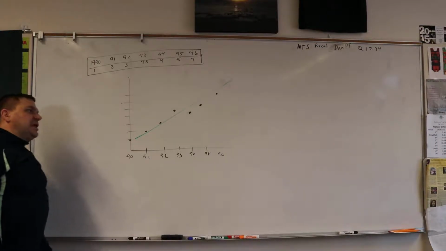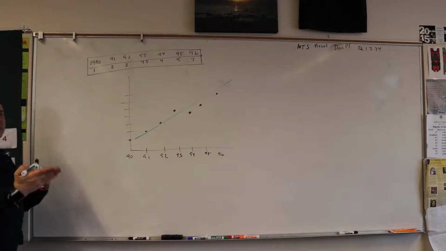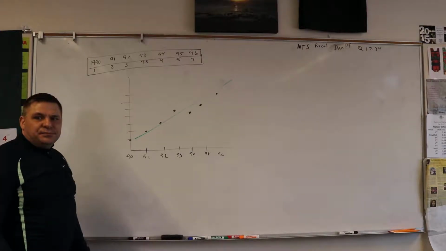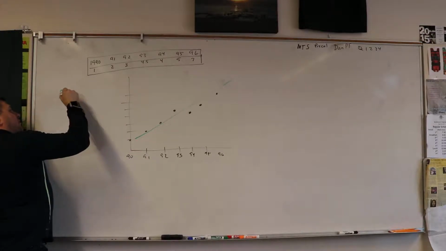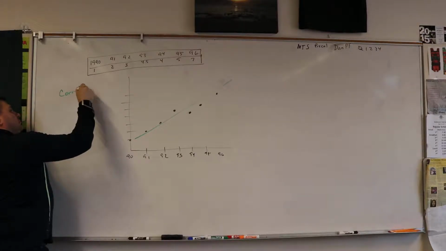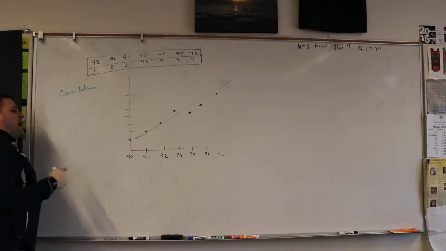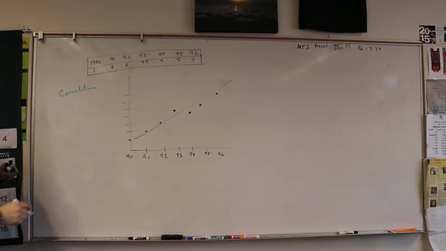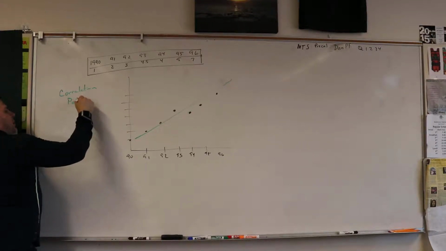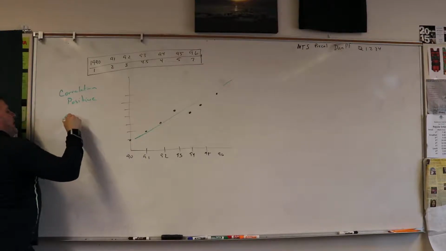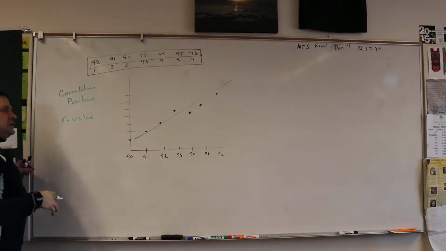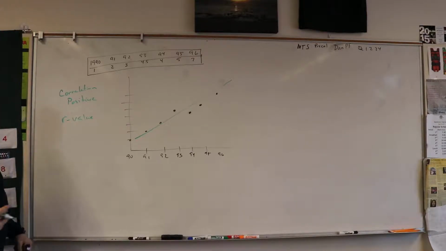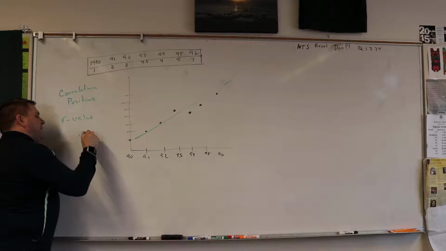How about like that? Now, when I look at that line, how close are those dots to the line? They're pretty close. So the correlation, is it positive or negative? Positive. The R value is at 0.8, 0.9, you know, 0.85.